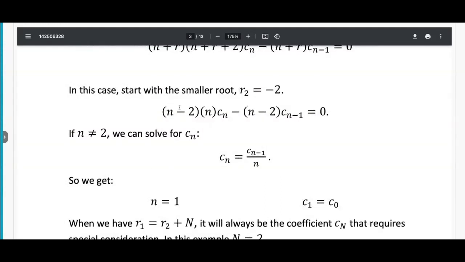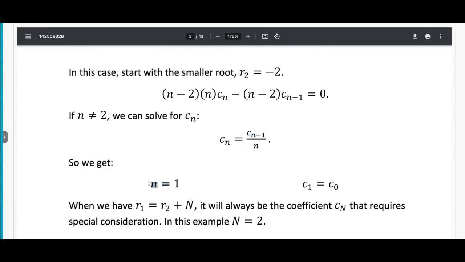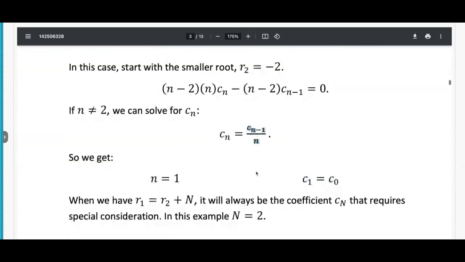And if n is not equal to 2, because if n equals 2 we get 0, Cn minus 1 is a common factor of those two. So if n is not 2, we get a relationship between the current term and the previous term with the scalar 1 over n. If n equals 1, we have C1 equal to C naught from this.